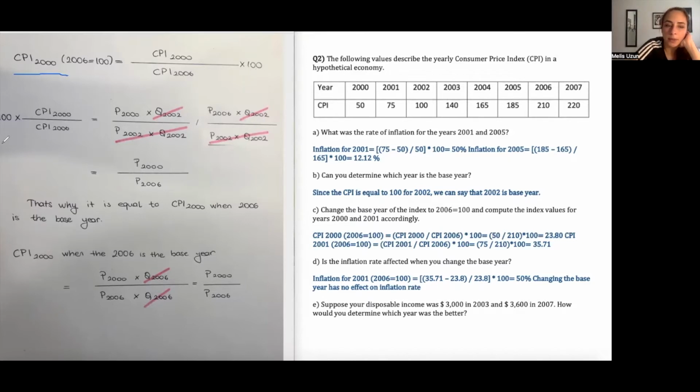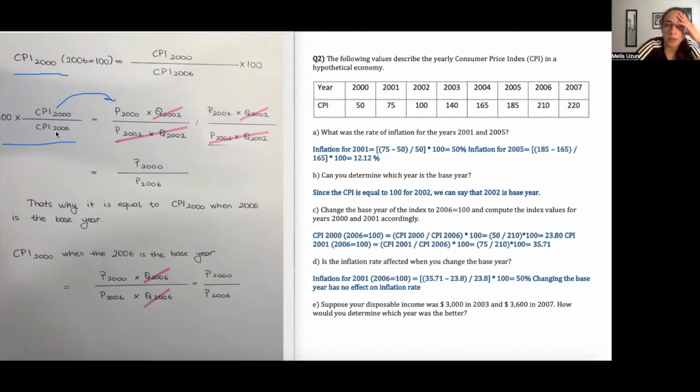Why? Because if we write this formula more clearly, CPI of 2000 will be equal to this, which is the prices of the goods in 2000 times quantity of the goods in 2002 divided by price of the goods in 2002 times quantity of the goods in 2002, because base year is 2002.